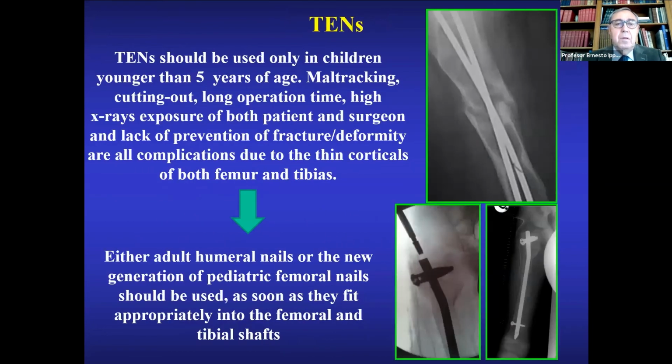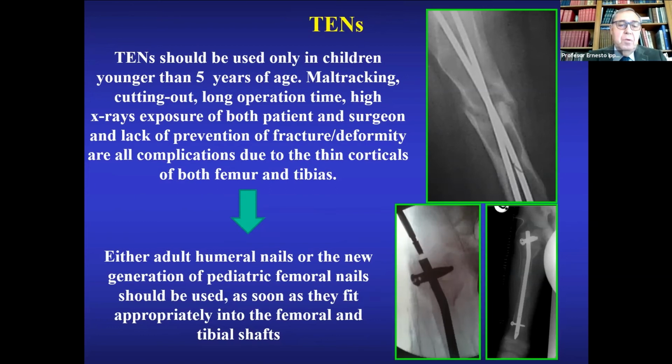We believe that titanium elastic nails should be used only in children younger than 5 years of age. Maltracking, cutting out, long operation time, high X-ray exposure of both patient and surgeon, and lack of prevention of either fracture or deformity are all complications due to the thin corticals of both femurs and tibias.